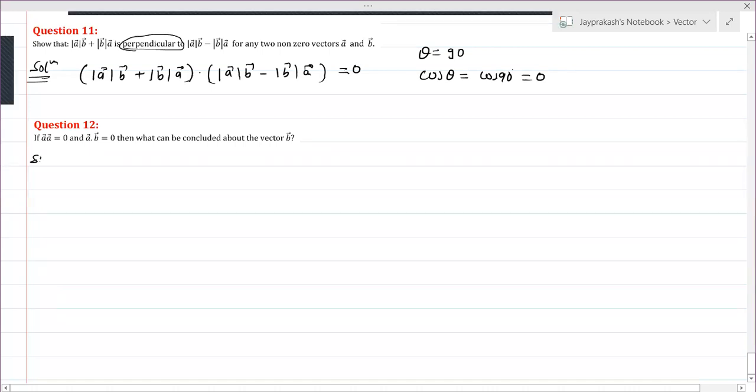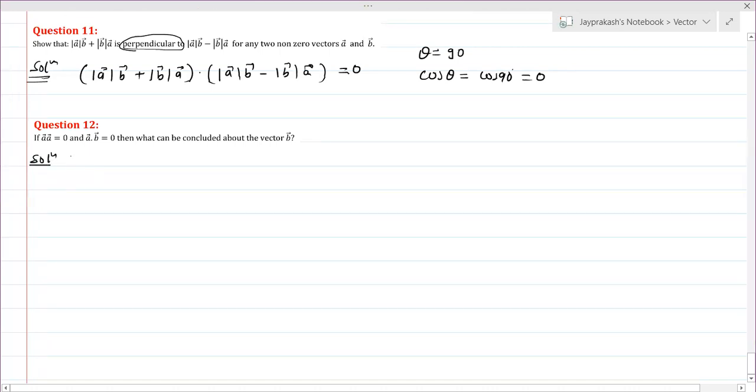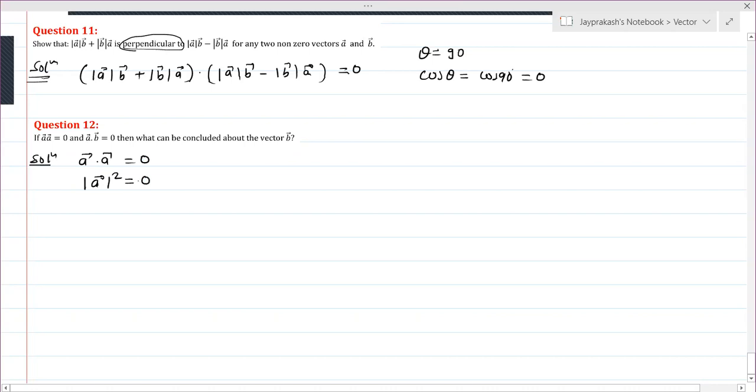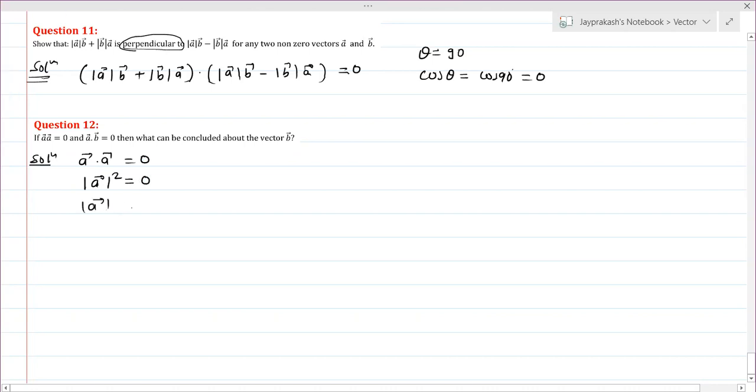In question number 11, we are given that A dot A is 0 and A dot B is 0. Then what can we conclude about the vector B? So if you write here vector A dot vector A is 0, that means you are able to write the magnitude of vector squared is 0. So that means the vector A has 0 magnitude.